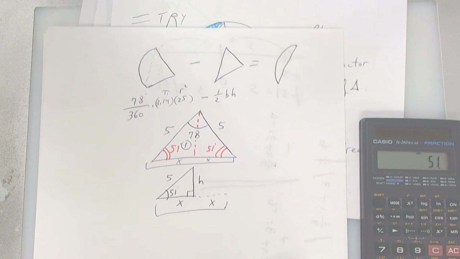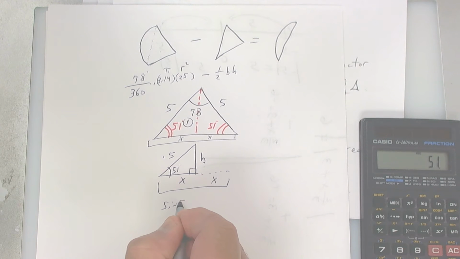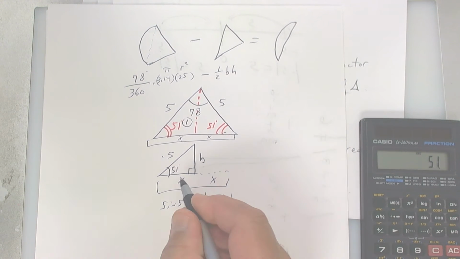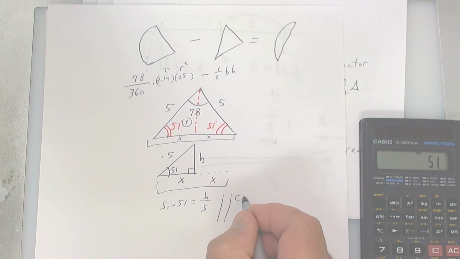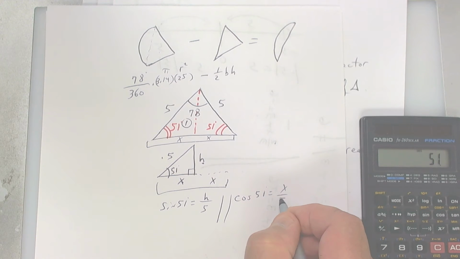Okay? All right, so here we go. This is going to be opposite over hypotenuse. So the sine of 51 degrees is equal to opposite over hypotenuse. And X is adjacent, so the cosine of 51 degrees is equal to adjacent over hypotenuse.